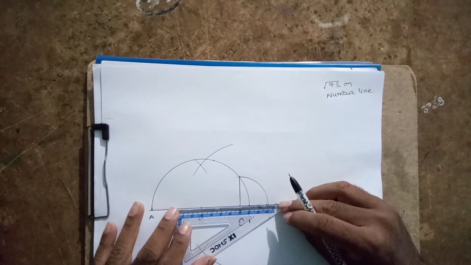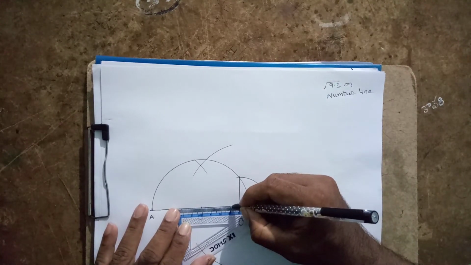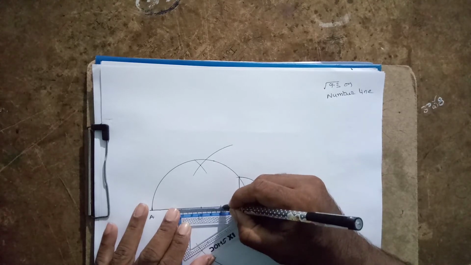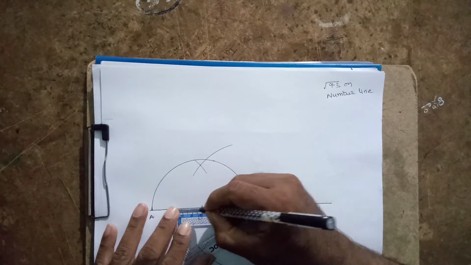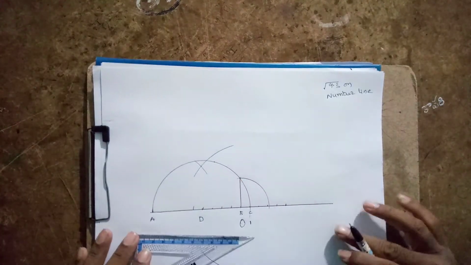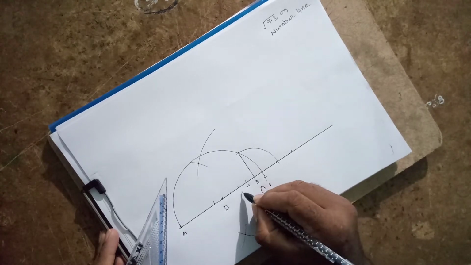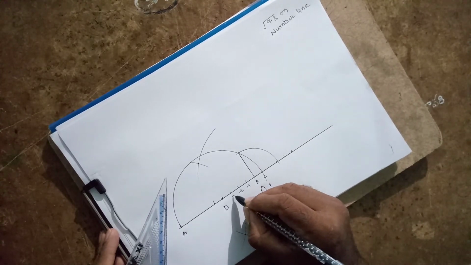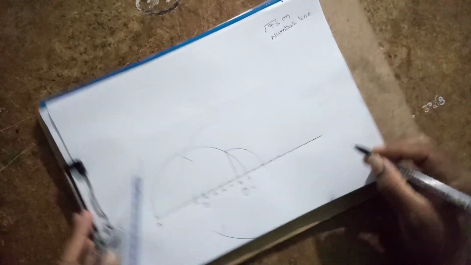In the same way you can mark negative integers also, -1, -2, -3, -4, -5. They are all equally distant. This is 0, -1, -2, -3, -4 centimeters, -5 centimeters.